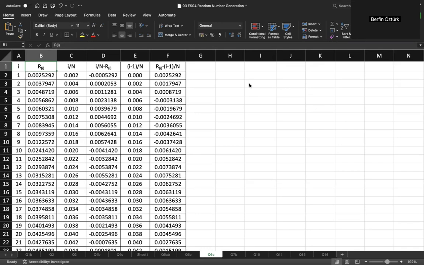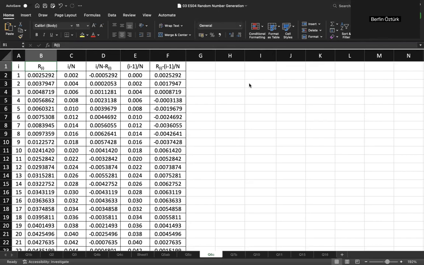Using the chi-square test for sample sizes smaller than 50 is not recommended. However, you can use the Kolmogorov-Smirnov test for any sample size. However, the chi-square test has less computational complexity, so it's easier to use.